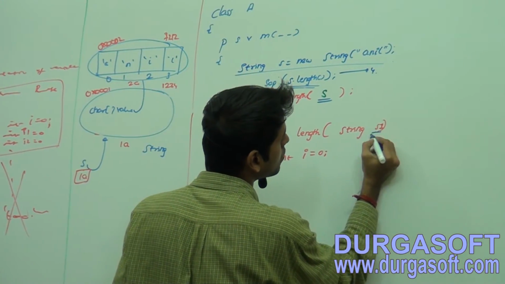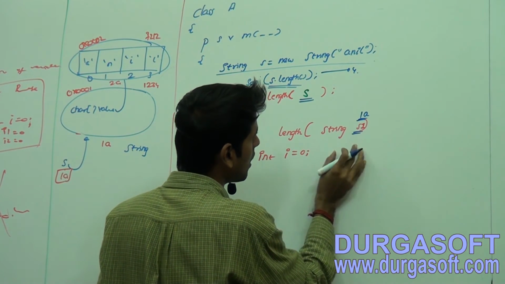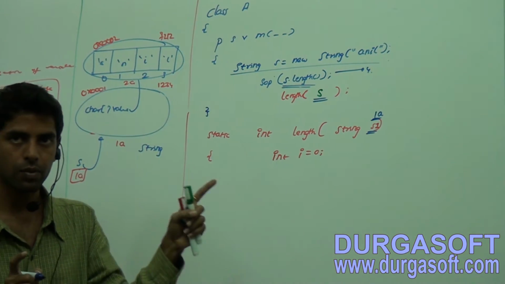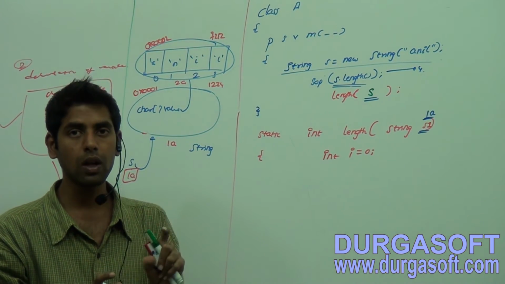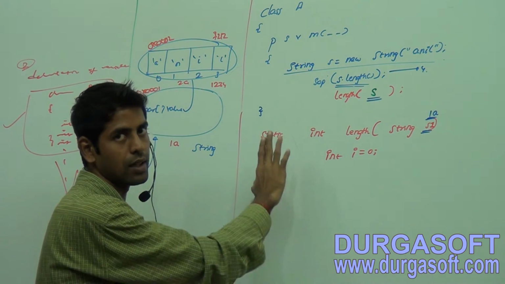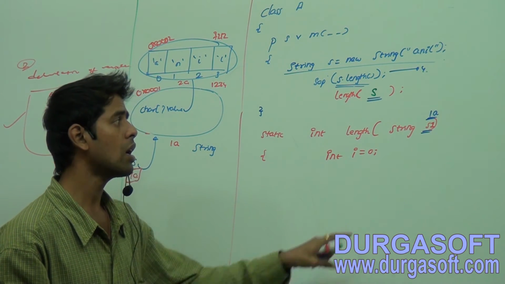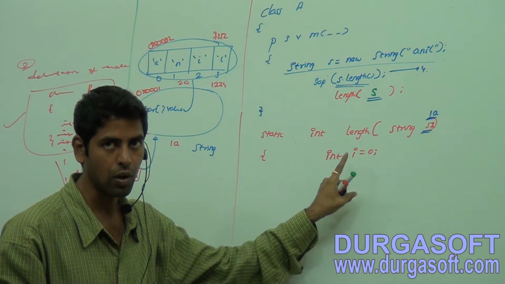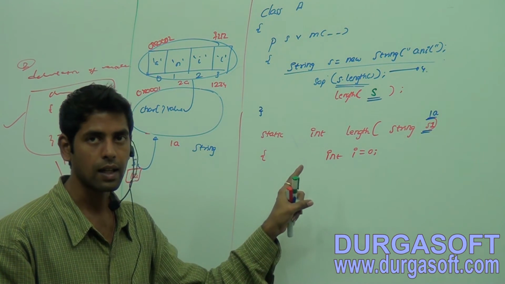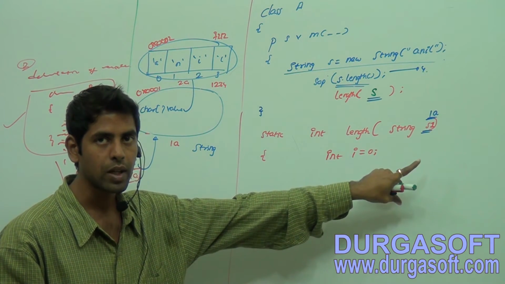Observe here, now s1 value will be as what? 1a. Now arguments are what? Arguments of a method are local variables to this method. Okay, observe, that point is very important. Arguments of a method are local variables to that declared method in which you have declared arguments.